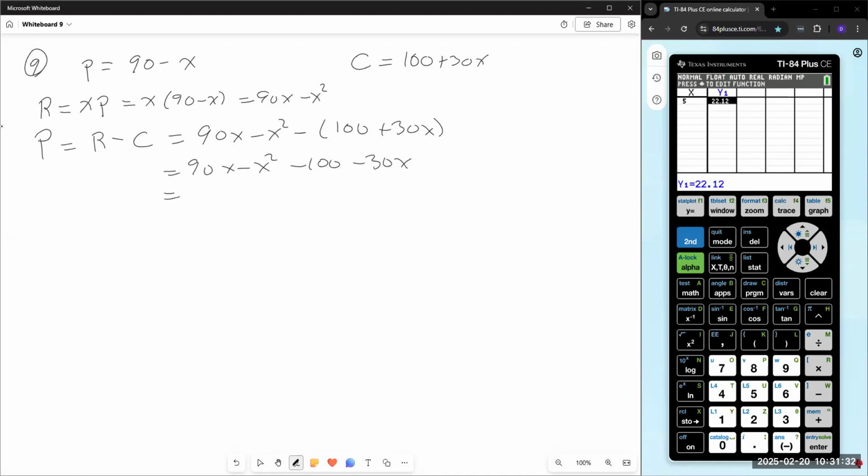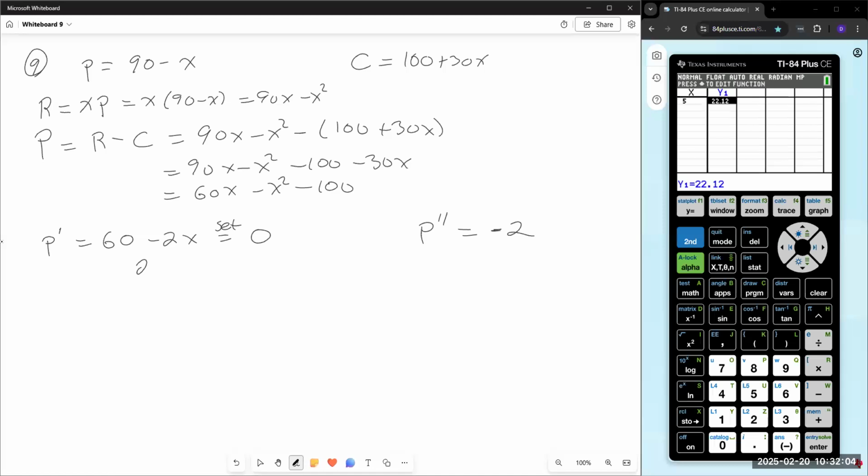Let's combine those like terms to get 60X minus X squared minus 100 for your profit function. So if we want to maximize profit, P prime is going to be 60 minus 2X. Let's just have P double prime over here in case I need it. It's going to be a -2, so that's always negative. Whatever my critical value is that I find here is going to represent a maximum for my profit function.